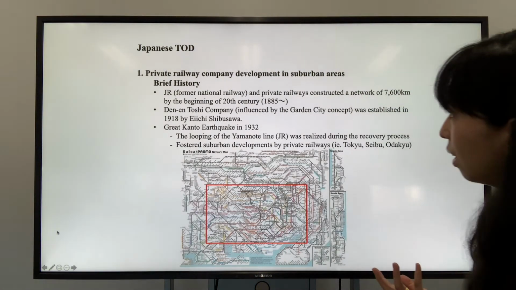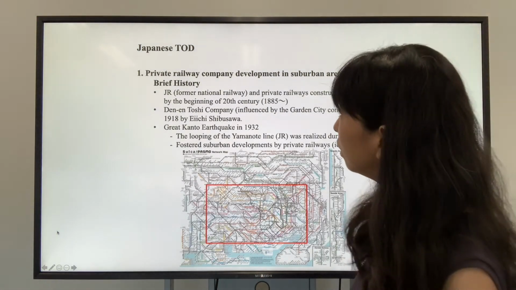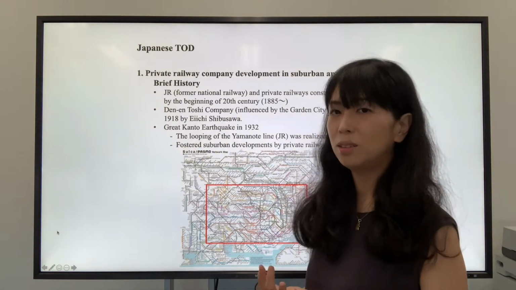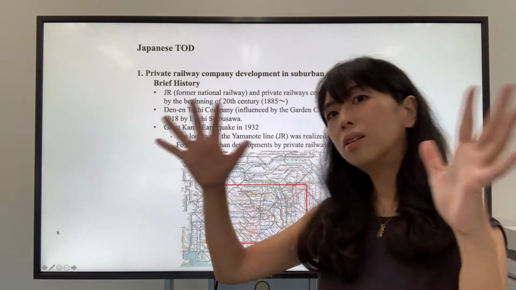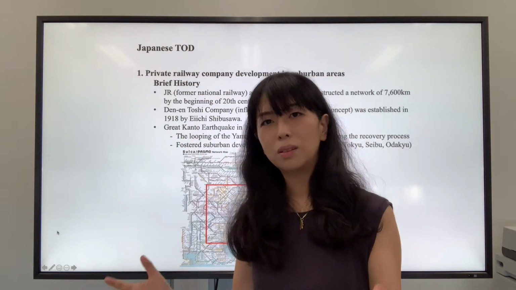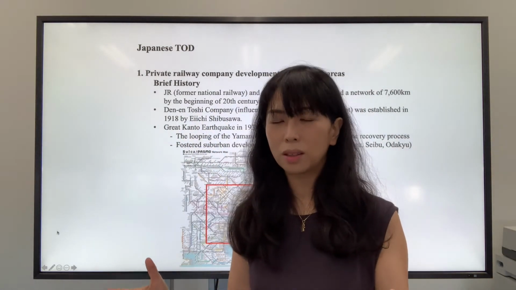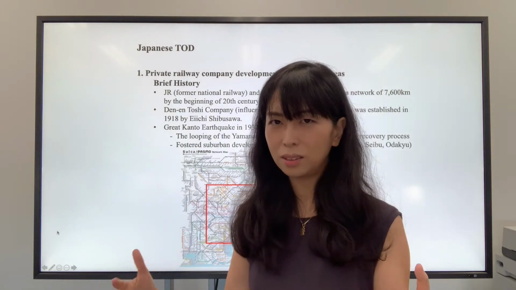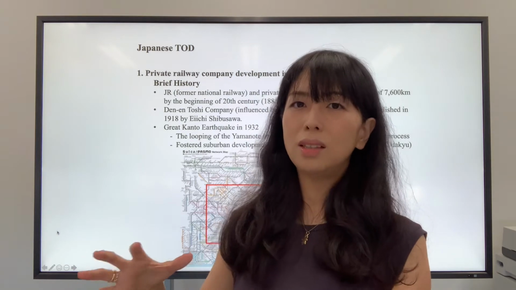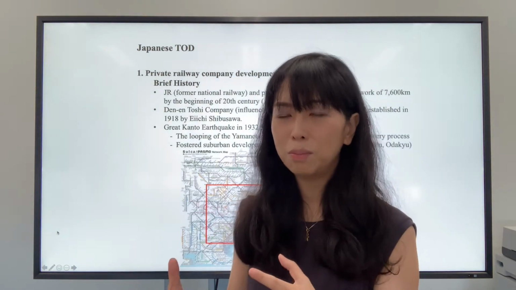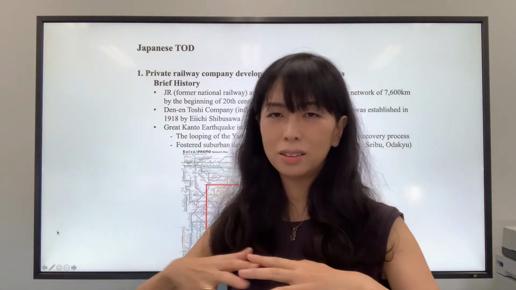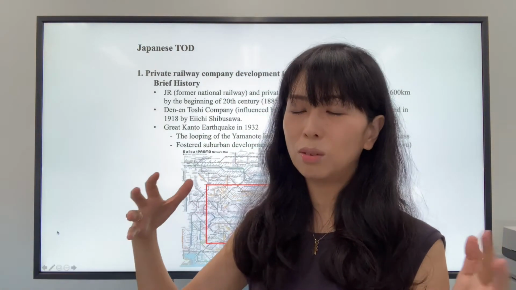The other thing that happened in terms of the history is that there was a Great Kanto earthquake in 1932. So all the areas in Tokyo were burned down because of the earthquake. Earthquake is not about the seismic that destroys the city, but actually after the earthquake happens, usually there will be fire, and then fire destroys all the housings and all the buildings.